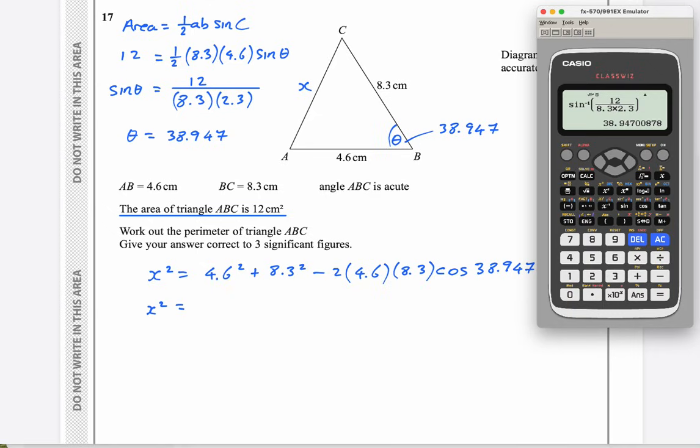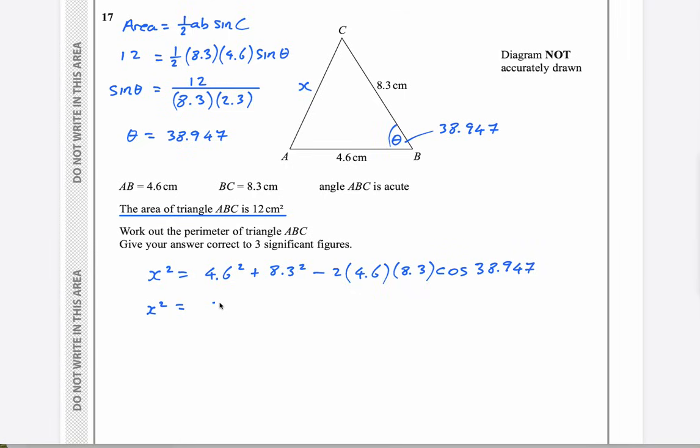I have 4.6 squared plus 8.3 squared, minus 2 times 4.6 times 8.3 times cos of 38.947, close bracket. This is 30.6627.